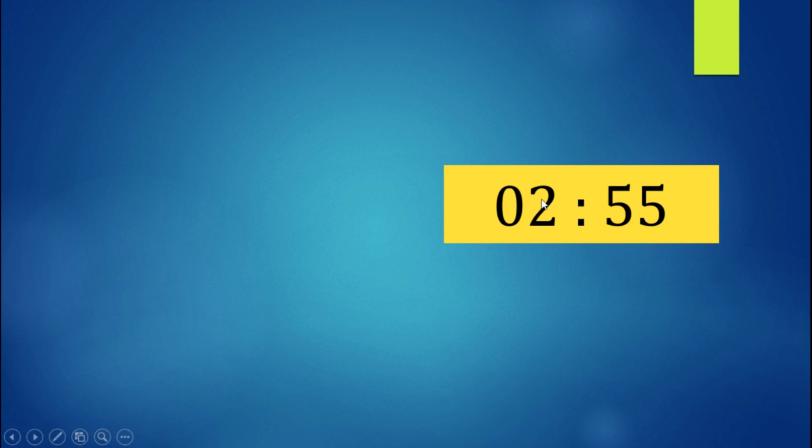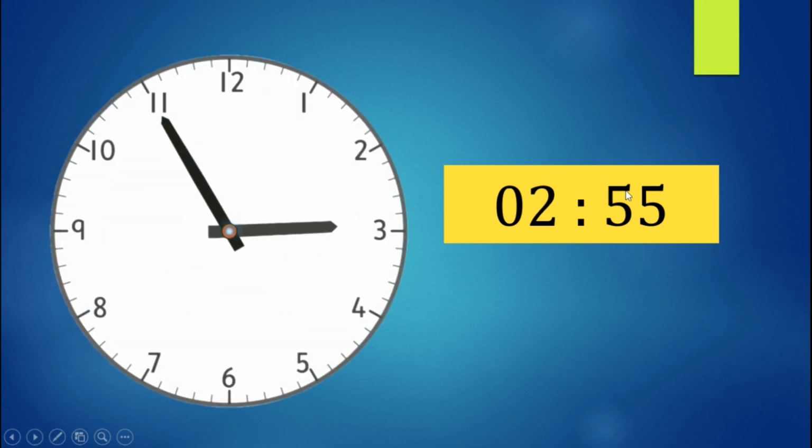However, you do not put it exactly at 2, because when you see the minute hand, you know that it's past 2. So it should be in the middle between 2 and 3. That is for the hour. And then the long hand, or the minute hand, you have to count until 55. And then you should get this clock.